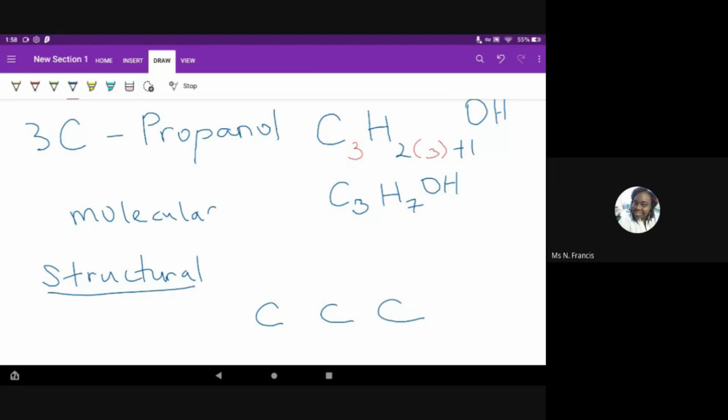Let's see the bonds between. We have single bonds between the carbon atoms for alcohols, but I must have my functional group, which is the OH. Let's look at the rest of the surrounding, and I put my hydrogens in.